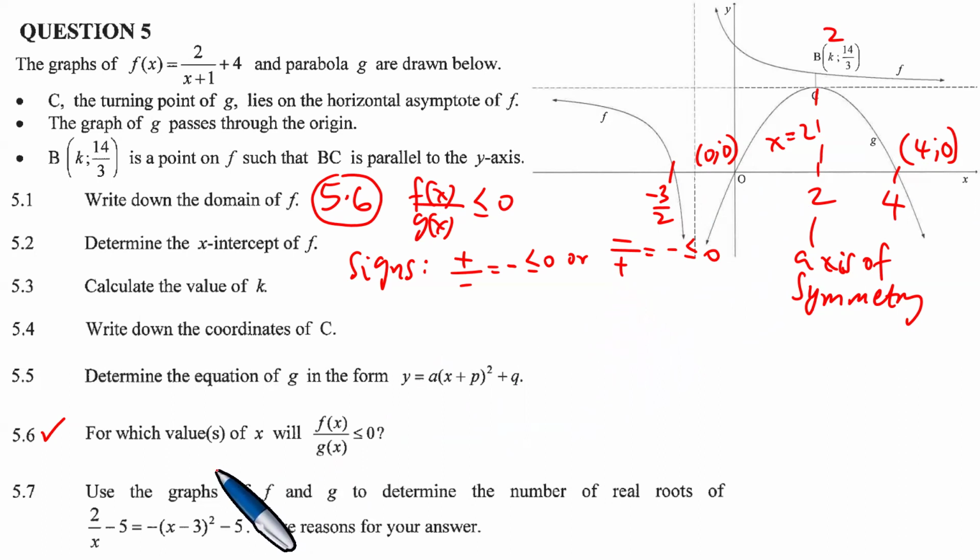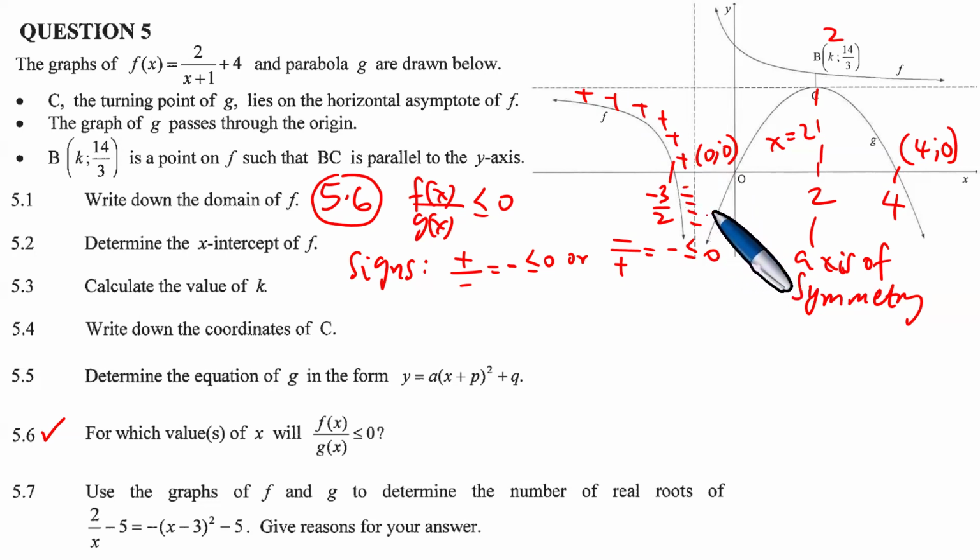If ever we need to determine the values of x for which this is less or equal to 0, we need to solve this very carefully and think. We need to look for parts where, let us do it like this and say the function f is positive. Let us use some signs here. It is positive all the way, and it is negative here.